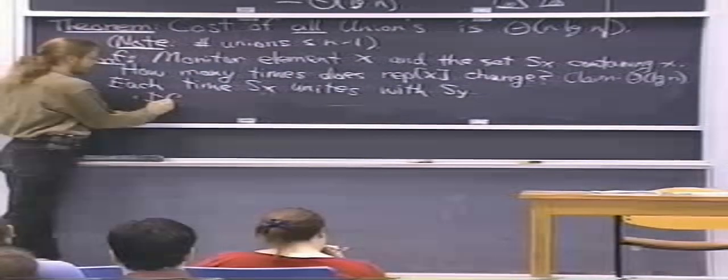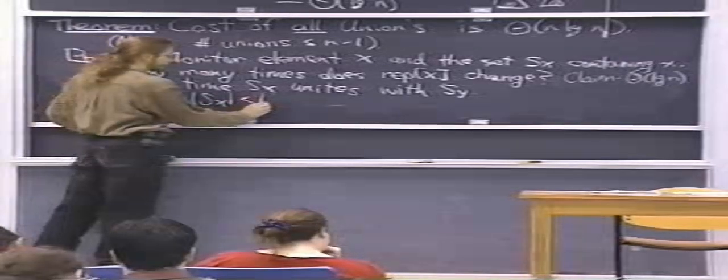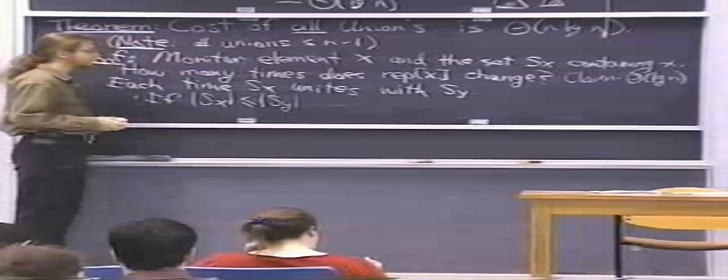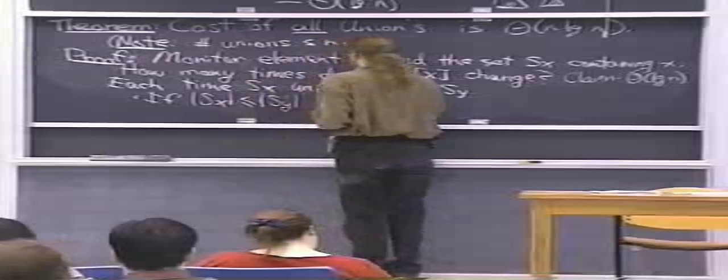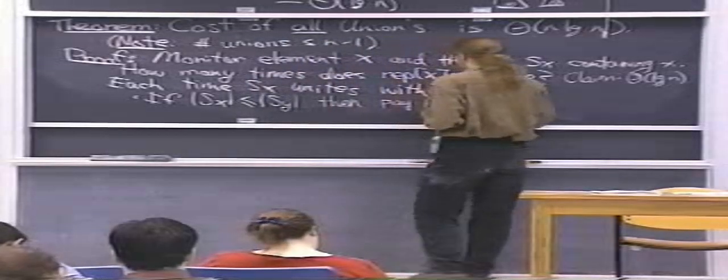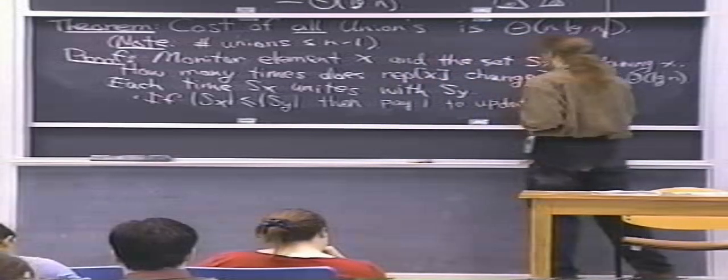First case is Sx is the smaller set, maybe even smaller or equal. Then we pay 1. We pay 1 to update the rep of x, this particular element we care about.